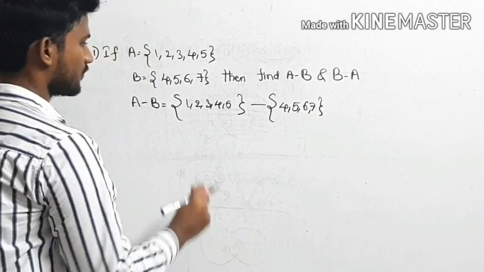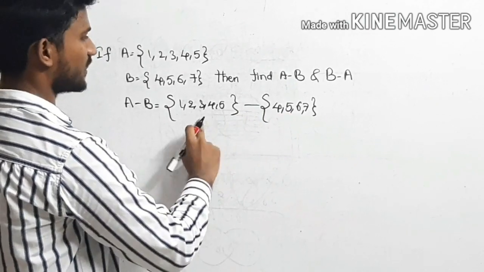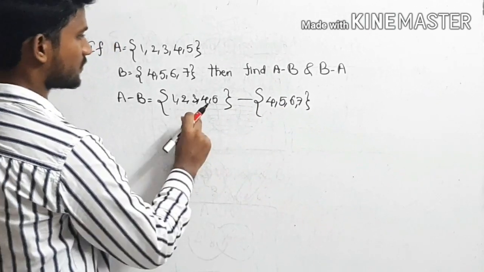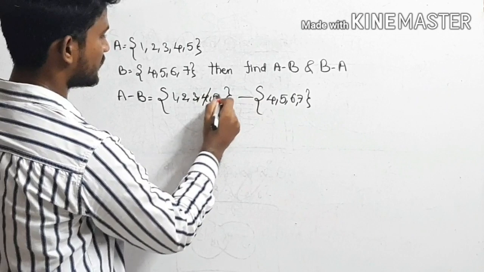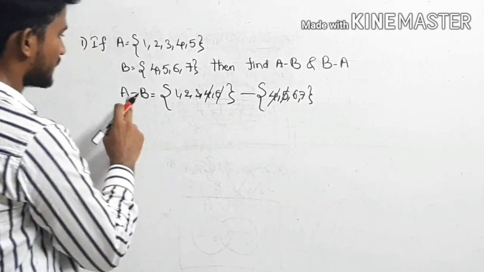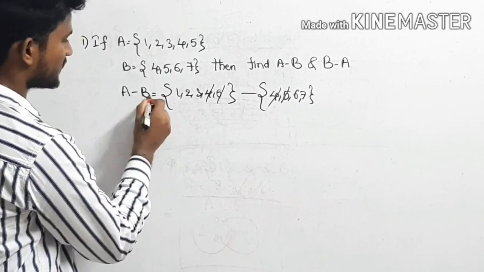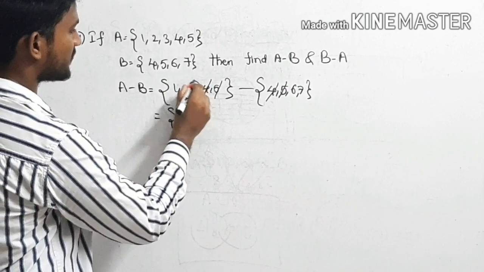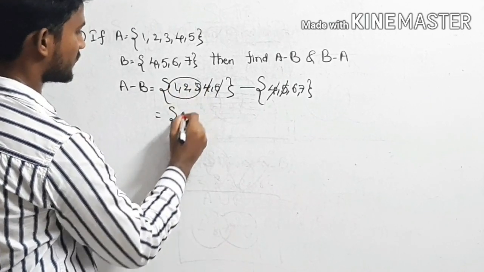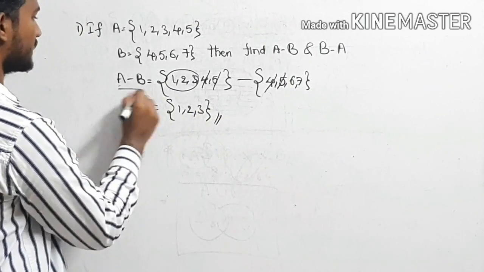First we delete the same elements which are present in both A and B. First observe the same elements, then delete both of them and write what is left. A minus B means the elements present only in A: 1, 2, 3. This is A minus B.